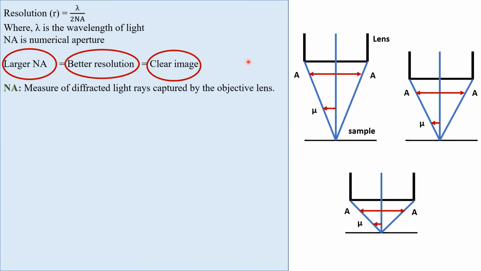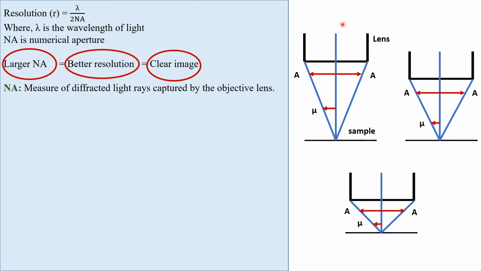Now what is NA? NA is measure of diffracted light rays captured by the objective lens. If you want to know what is diffraction, please visit my video regarding this. I have put the link in the description box.